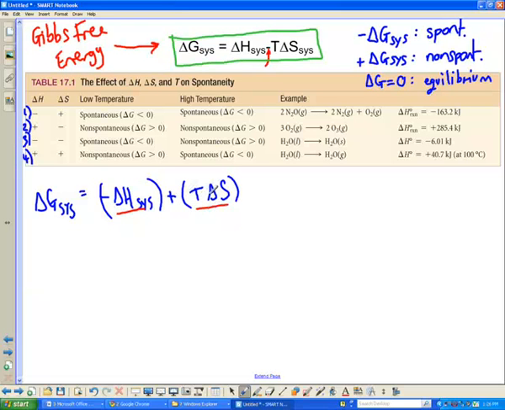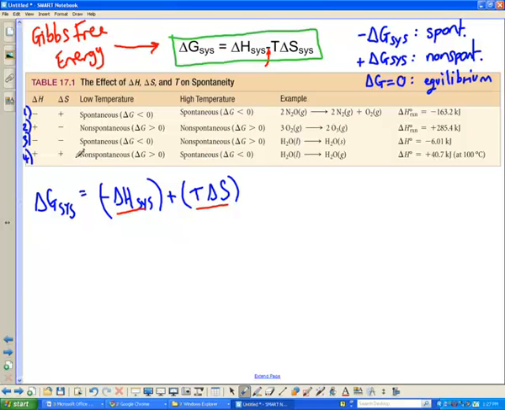So therefore, do I want a high temperature or a low temperature for this to be spontaneous? Well, in this case, I'd like a low temperature. If my temperature is low, then my T delta S is low. Therefore, the magnitude of this is higher than this, and the reaction is spontaneous overall.